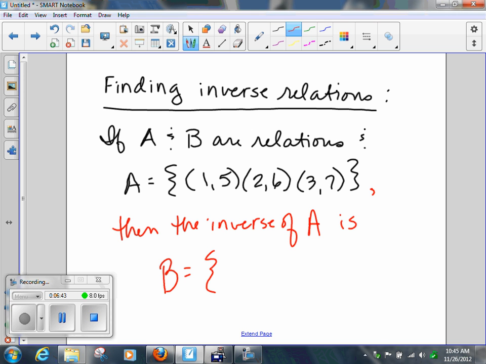The inverse, okay? If I give you that A is the set of ordered pairs (1, 5), (2, 6), (3, 7), and I tell you that B is the inverse, then folks, all you have to do, you better pay attention. I don't want you to miss this. To determine the inverse of the relation, pay very close attention.